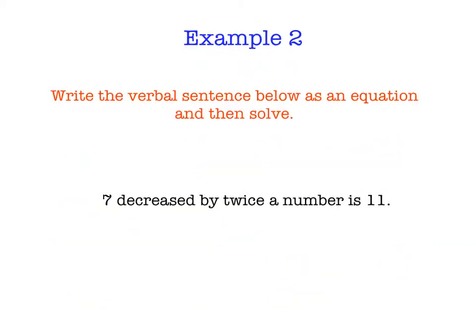In some instances, you will run into a verbal problem like example 2, which is 7 decreased by twice the number is 11. When doing a verbal problem, you need to look for key words such as decreased, which means we would subtract. Let's set up the problem. 7 subtracted by twice a number, x, equals 11.